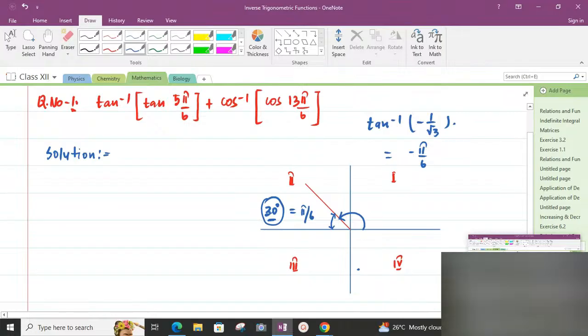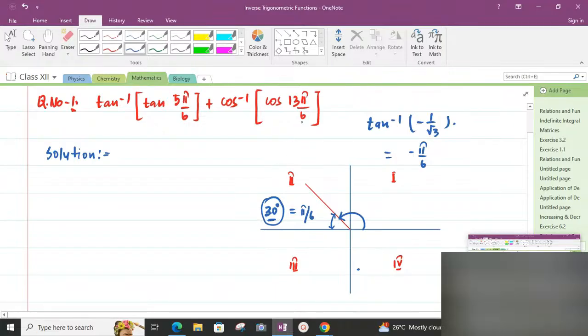Similarly, we find out cos inverse cos 13 pi by 6. So let's see, this is greater than 180 degree, greater than 2 rotation.